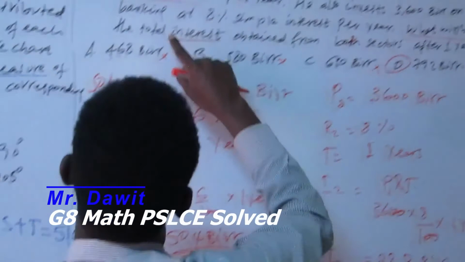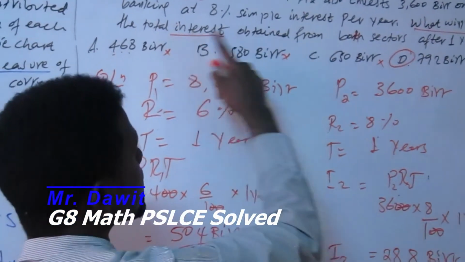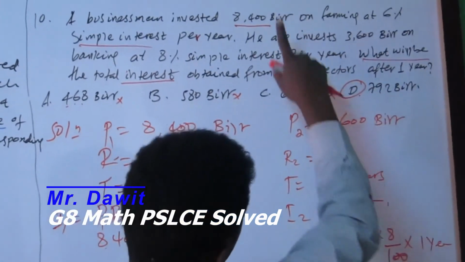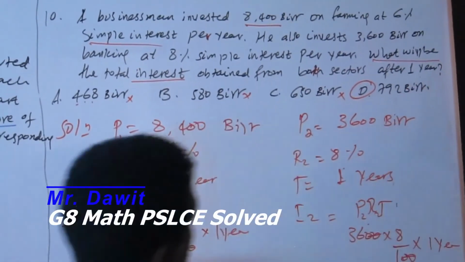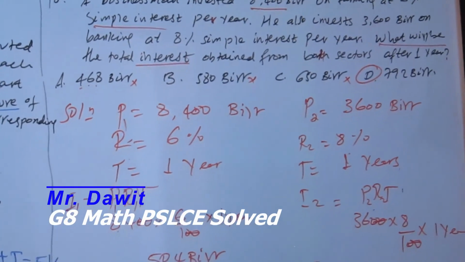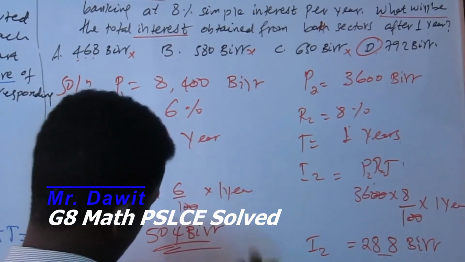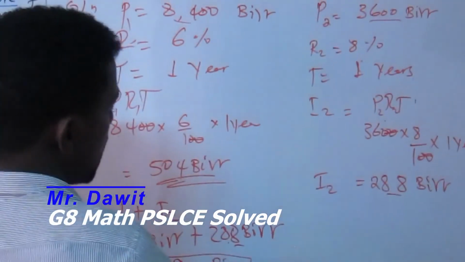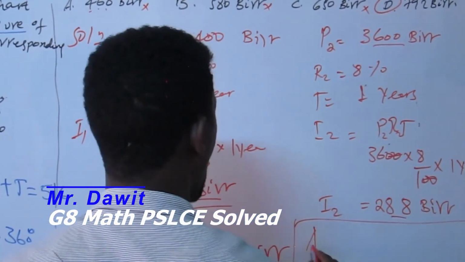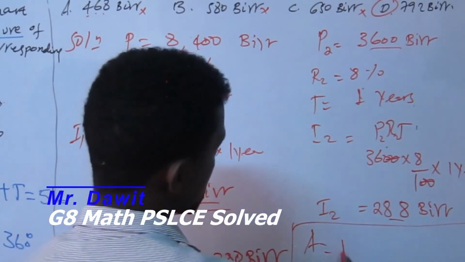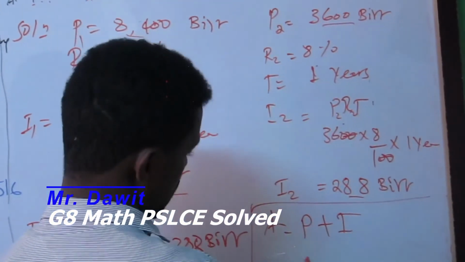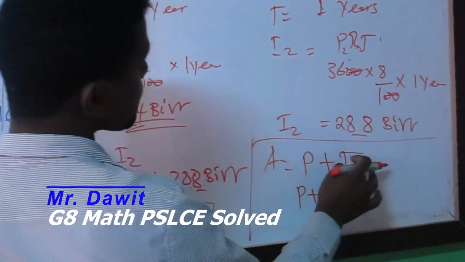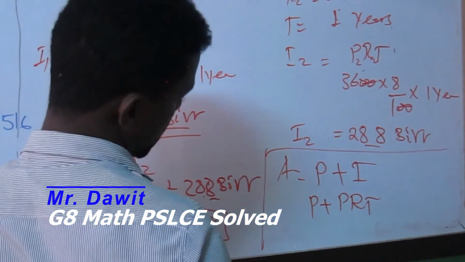For example, let's say the question was, what will be the total amount the businessman gains from these two investments after 1 year? Since amount was asked, amount means principal plus interest, which is principal plus PRT, because PRT is the formula of interest.